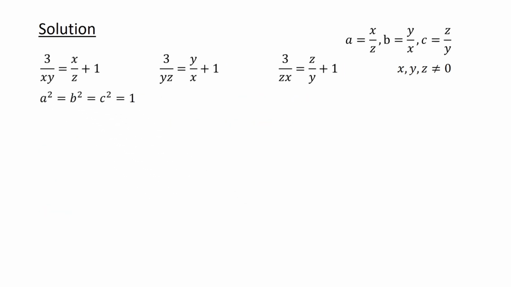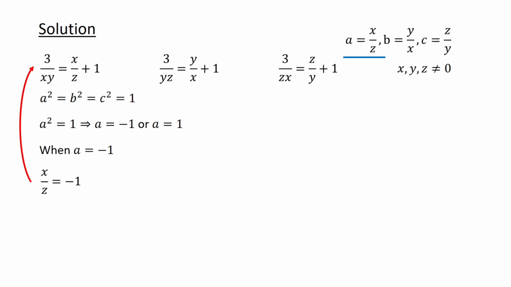Let's bring back our original equations. a squared equals 1 implies a equals minus 1 or a equals 1. Consider the case when a equals minus 1. Then since a equals x over z, we have x over z equals minus 1.